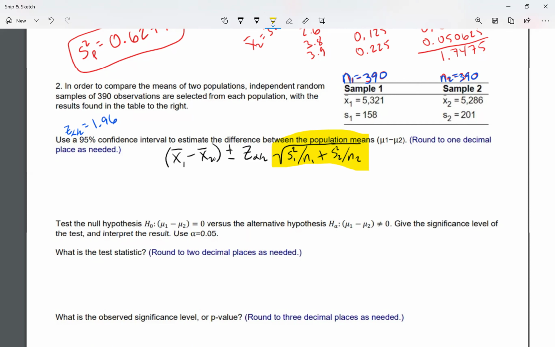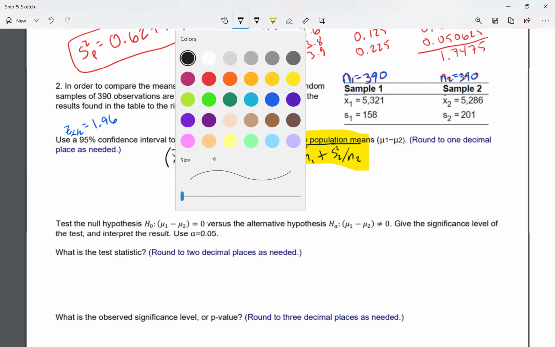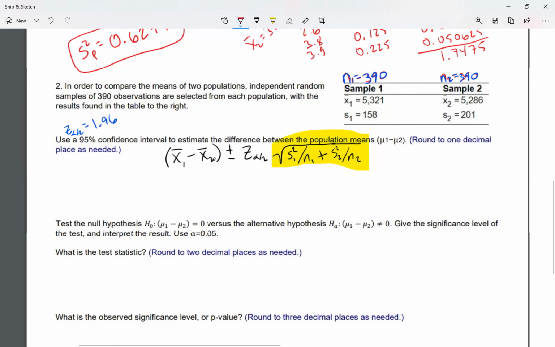So let me just go 5321 minus 5286, because we can do that. So it seems like I have 35. Oh, I said I was going to do blue on this question. So I have 35 plus or minus 1.96, right?